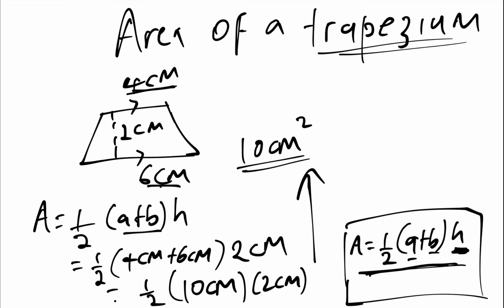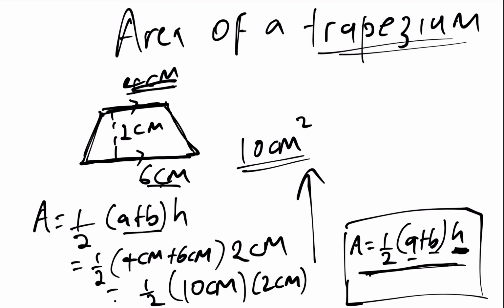The a and b won't be these ones, but the parallel lines. And the height, again I'm emphasizing, is the vertical line which is perpendicular to the parallel lines, perpendicular to this one and also to this one, it's the same thing. That's what you have to note.